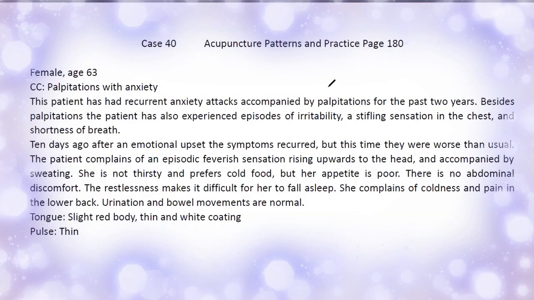Okay, good. Disease name. Palpitation. Mainly the disease name will be the chief complaint if we have a TCM name there.